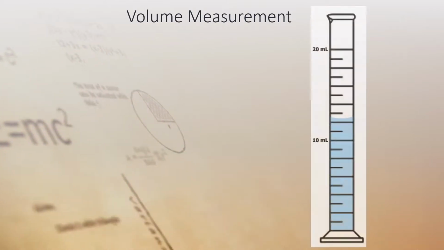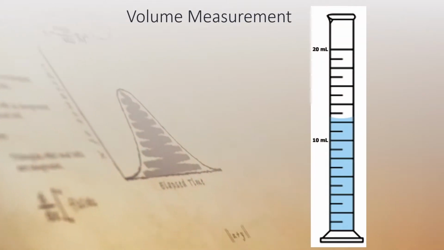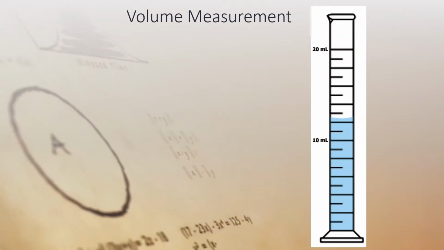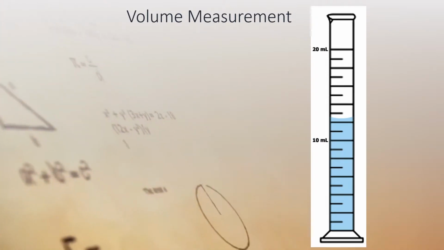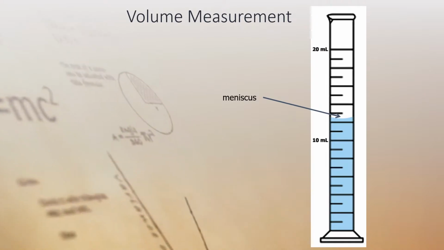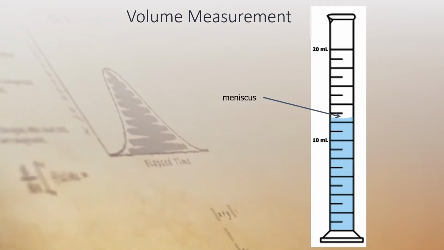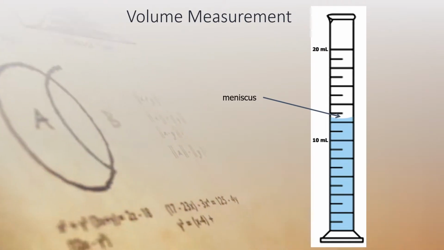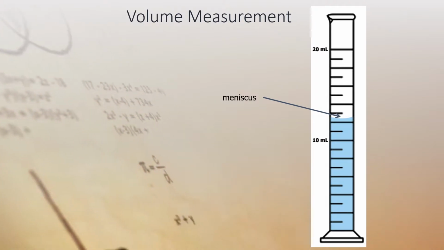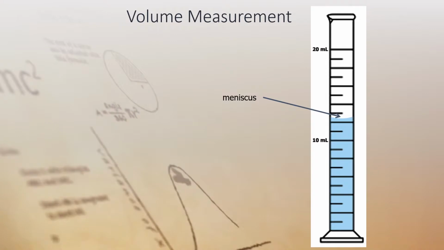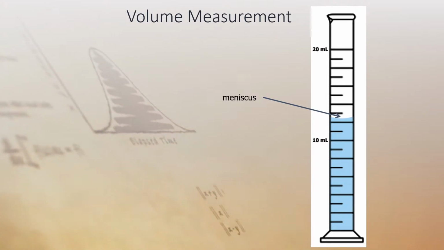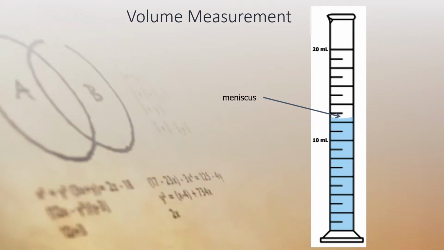In this next example, we will measure the volume of a liquid utilizing a graduated cylinder which measures volume in the units of milliliters. Typically, liquids will form a hyperbolic shape within the glass column called a meniscus. This effect is due to the surface tension of the liquid with the glass walls of the cylinder. We make the measurement looking at the bottom of the meniscus when reading the volume.